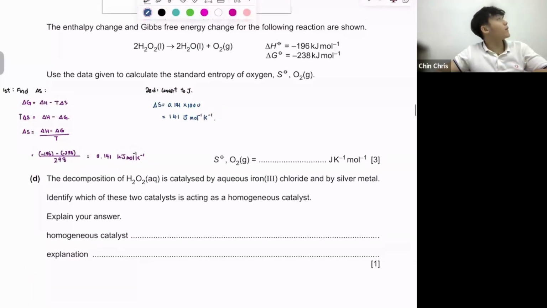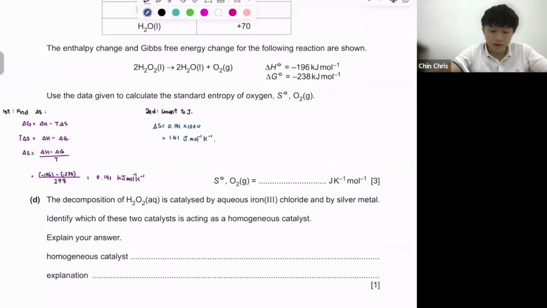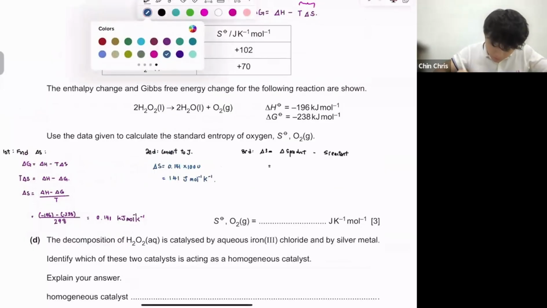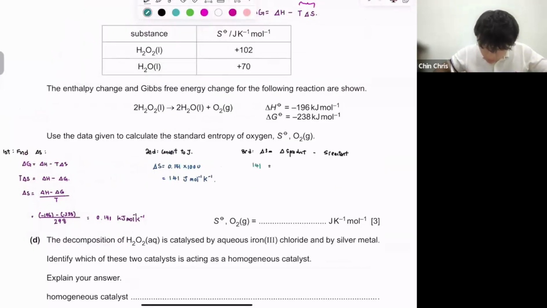Okay, so I get it as 141 joule per mole per Kelvin, right? Can you apply the formula for delta S? S product minus S reactant, right? S product is how much?